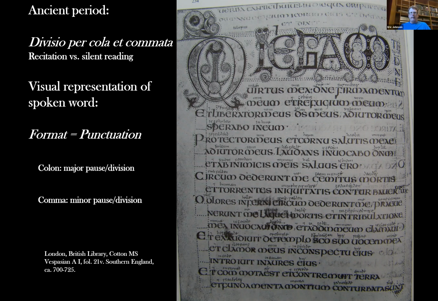So here we have a visual representation of the spoken word, where the person reciting from a text like this would read out with an awareness of rhythm and meter each one of these colon statements with a pronounced pause at the end of those statements before beginning the next one.